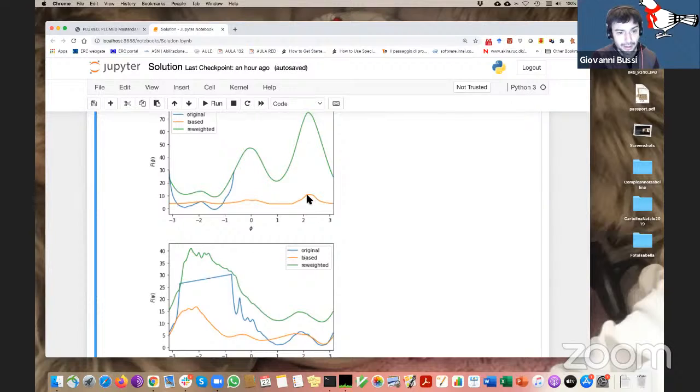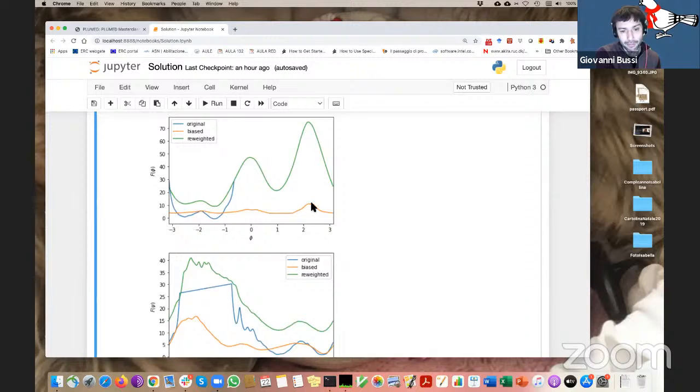Still, there is a maximum here and a maximum here. This corresponds to a minimum in the probability, and to the fact that whenever you have a barrier to cross and you try to place restraints to cross it, you will see something like this. It will be difficult to keep the variable exactly on top of the barrier, so there will be a minimum in the probability here.